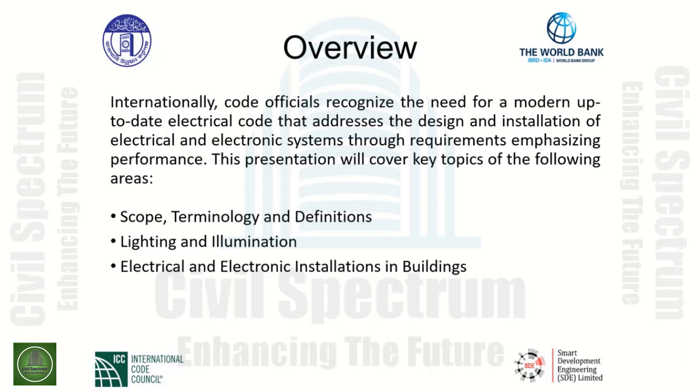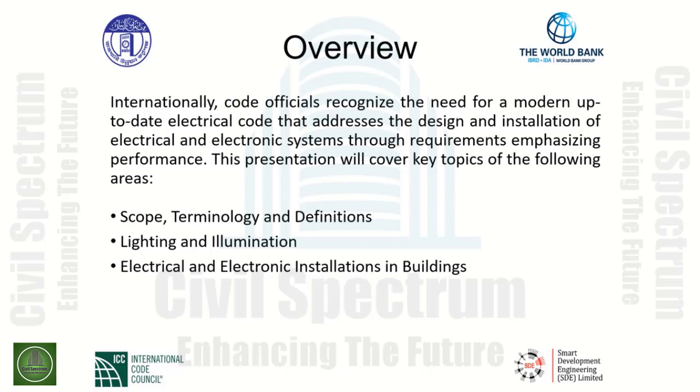We will discuss scope, which is the intended use of this particular code, whether you are supposed to be in the code with respect to the application or proposed electrical system. The terminology and definitions are important because classification and proper terminology of our electrical and electronic systems is essential for participants to understand to utilize this code.